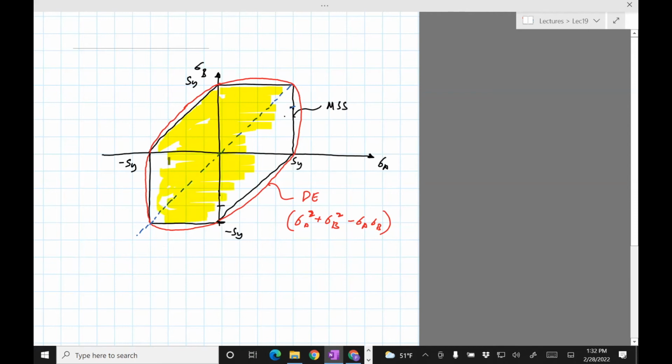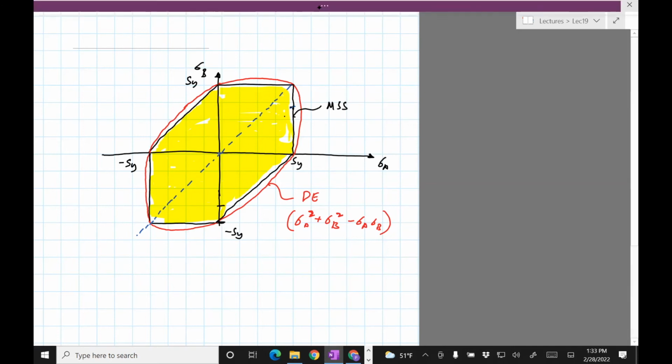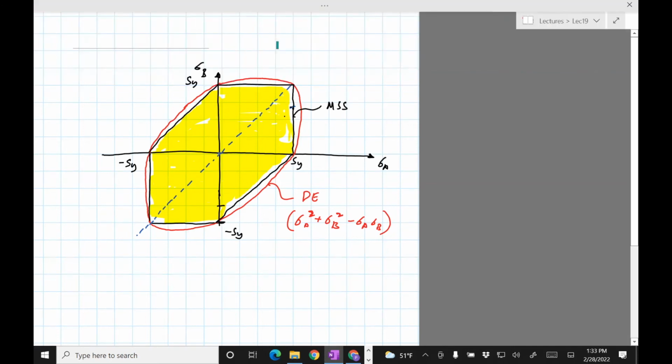So everything in yellow is the safe region for the maximum shear stress theory as well as the maximum distortion energy theory. However, the part I'm going to show in blue is also safe for distortion energy theory.